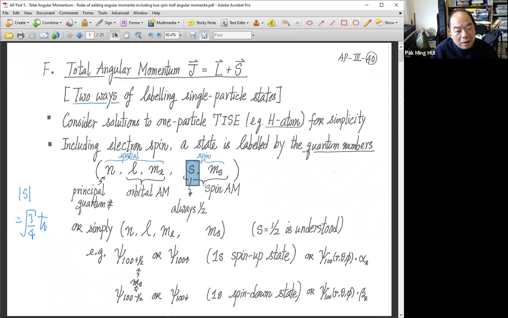Since it is always half, very often we will skip this and use 4 numbers to label the electron in a hydrogen atom: the 3 spatial ones and the last one, plus or minus half, for the Z component of the spin, or up, down, if you like.